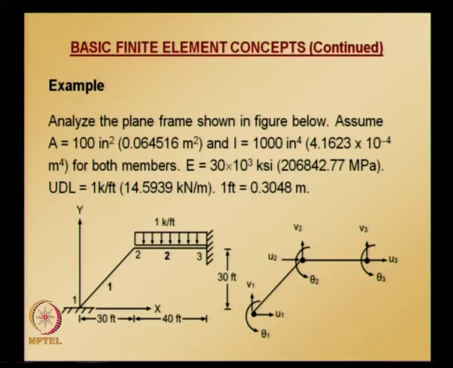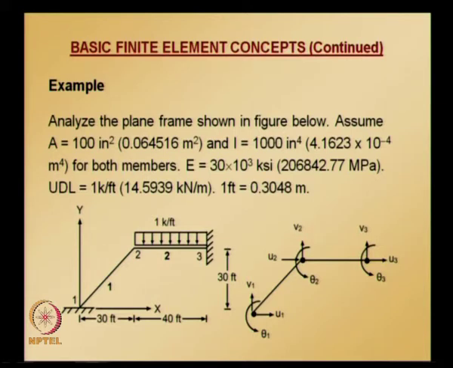And please note that for the element numbers and the node numbers that are given in the figure, node 1 is fixed, all degrees of freedom are constrained, that is U1, V1, theta 1.